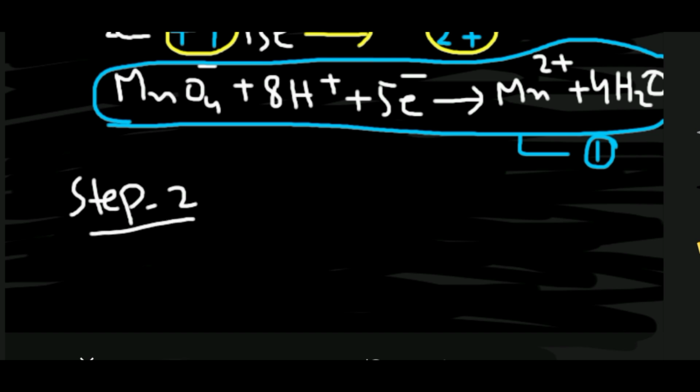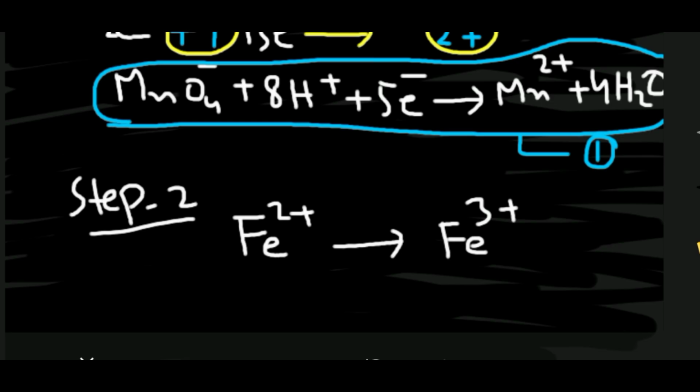In step 2 you can write here that Fe2+, ferrous, has been converted into Fe3+. So here we can say that the charge on ferrous is plus 2, while that on ferric is plus 3. So it means that the charge has been increased.